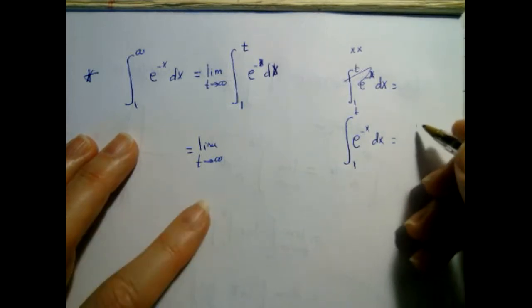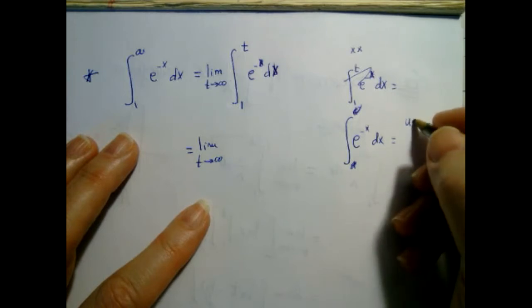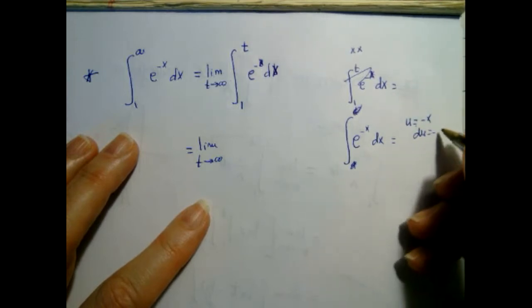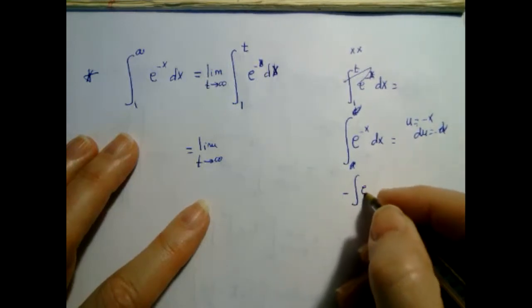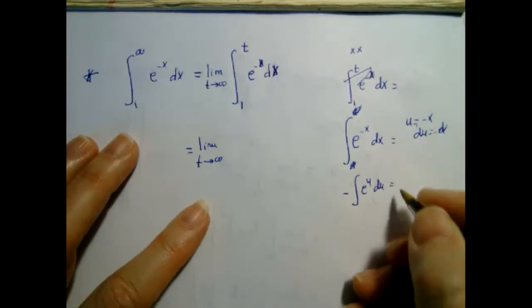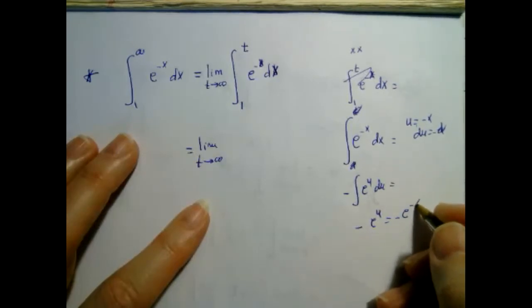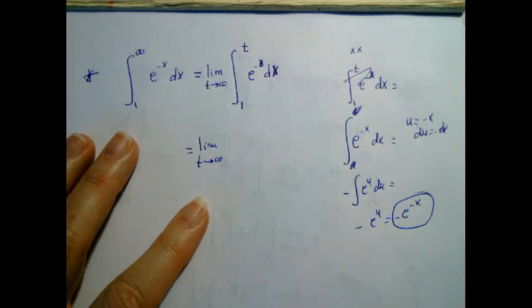Let us do a little bit of simplification. Let me even forget the limit and do a substitution. u equals minus x, du is minus dx. So it becomes minus the integral of e to the u du, which is minus e to the u, minus e to the minus x. So this integral is minus e to the minus x.